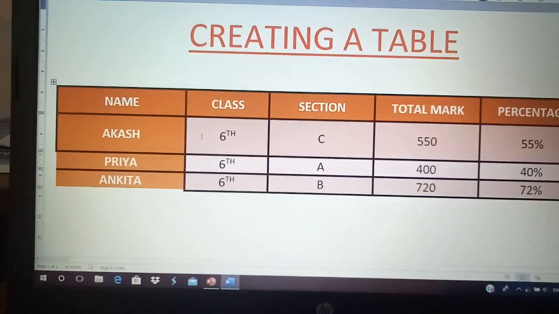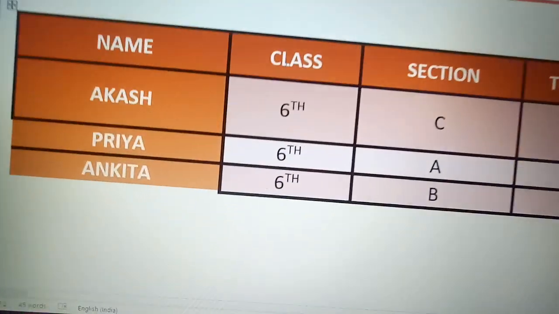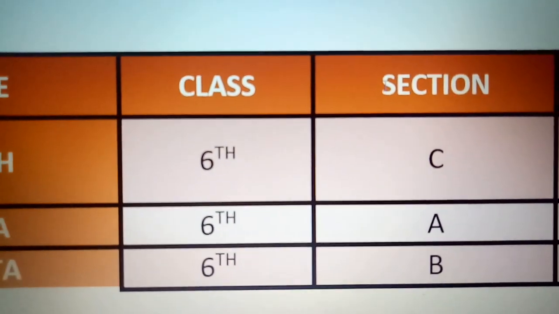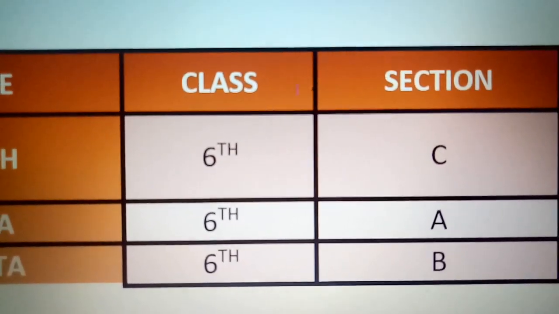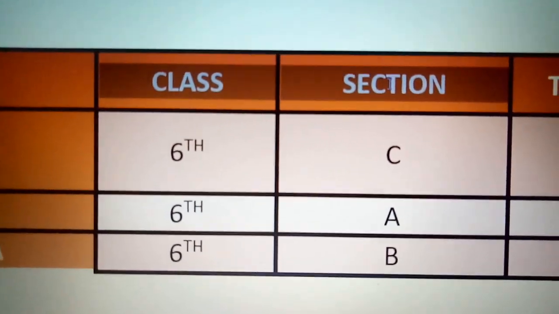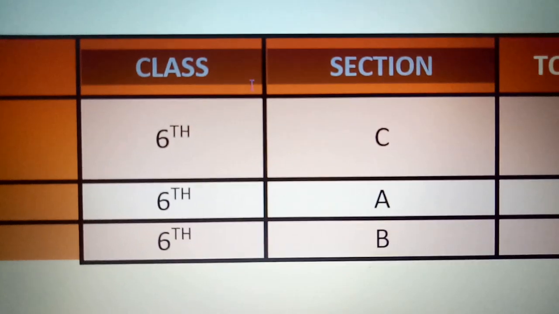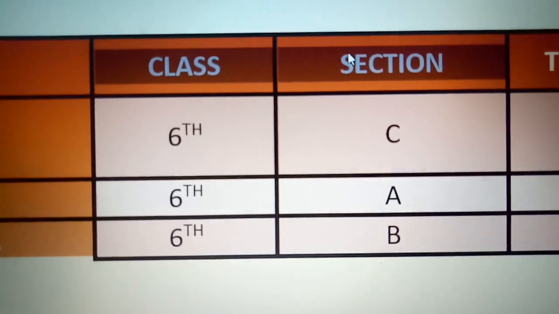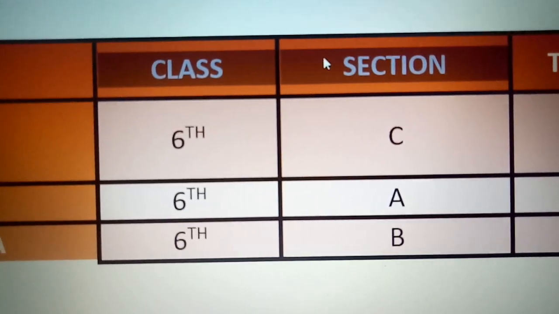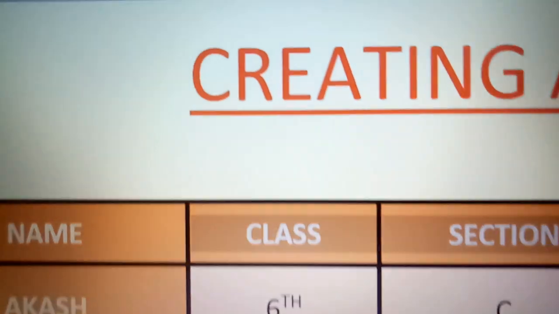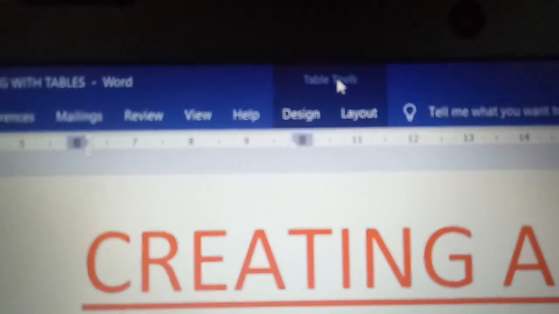Let us say these two cells I want to merge. Which one? Class and section. Merging means combining more cells into a single cell. So what I have to do is select these two cells. You have to select the cells which you want to merge into a single cell. Then again I will go to the table tools option.